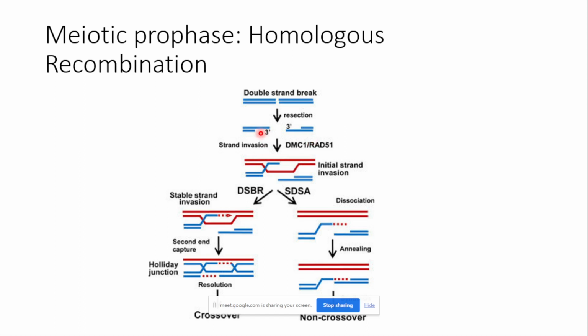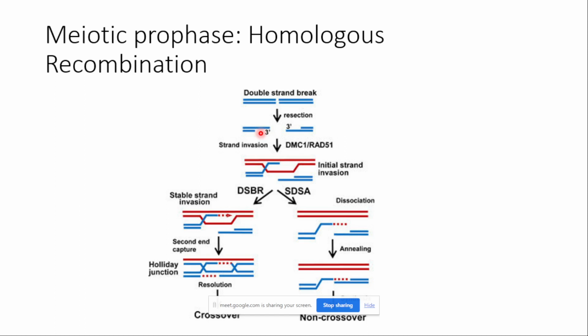It invades its homologous chromosome, because it needs a template to keep the reaction going. For that it needs help, by which it can originate two different pathways for two different purposes.